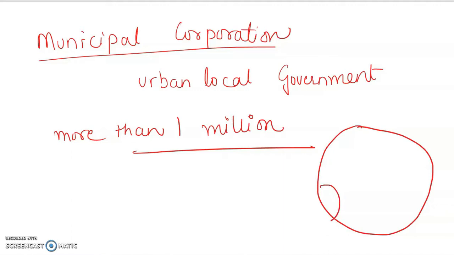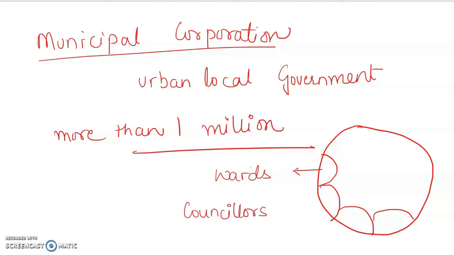The city is divided into very small sections, having an equal number of people in each. These sections are called wards, and members are elected from the wards as councillors. Those people are directly elected by the people and are known as councillors, or your representatives.